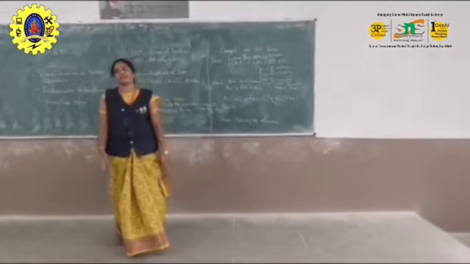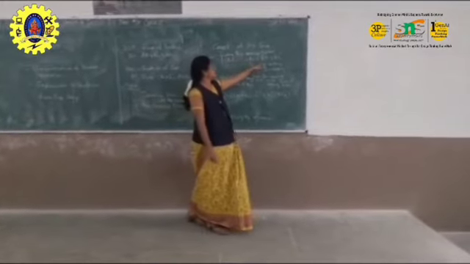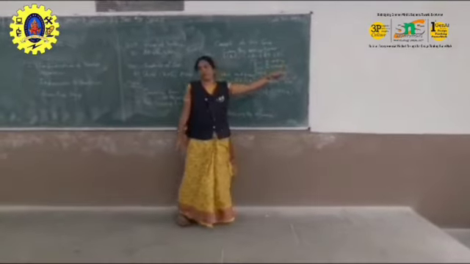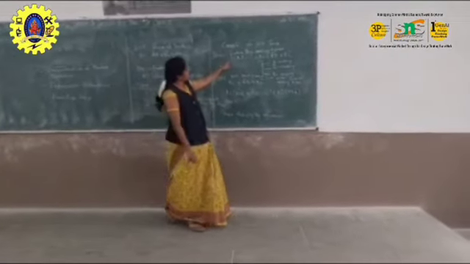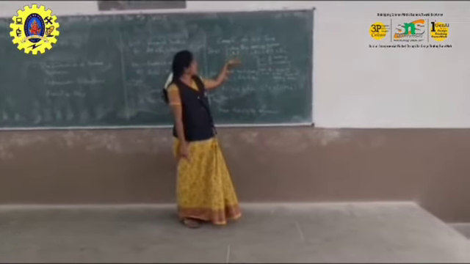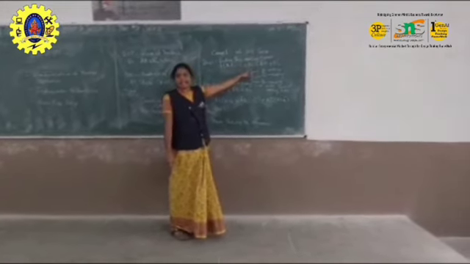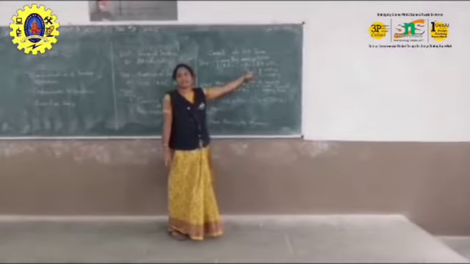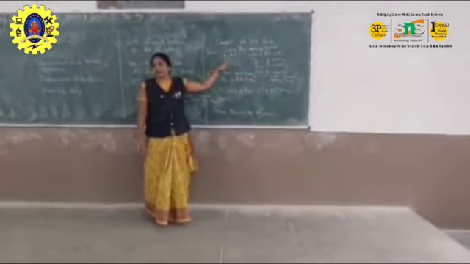Next we are going to convert a Boolean expression into SOP form, sum of product. The problem is to convert into SOP form F of A, B, C equals AC plus A bar B plus B C bar. This is a three variable equation.